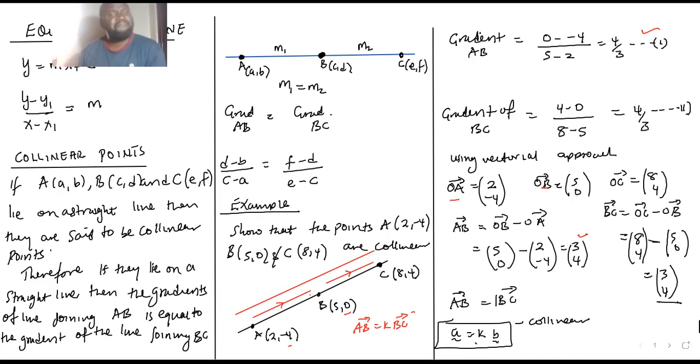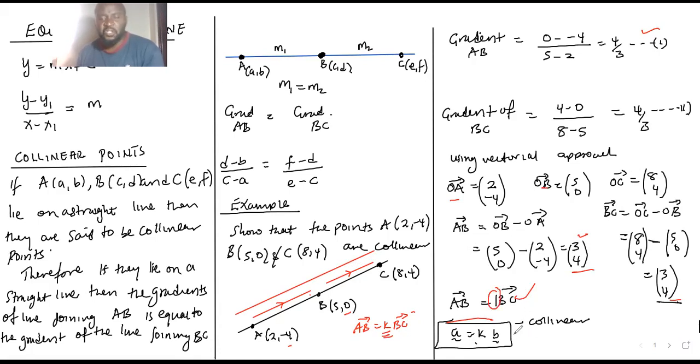Even if you use CB, even if you use BA, you'll get negatives. Those negatives will be accounted for by this constant K. But if you choose the same direction, AB, BC, then you get both of them positives, and thus you'll see that AB is a scalar multiplier of BC, but the scalar multiplier this time around is 1.